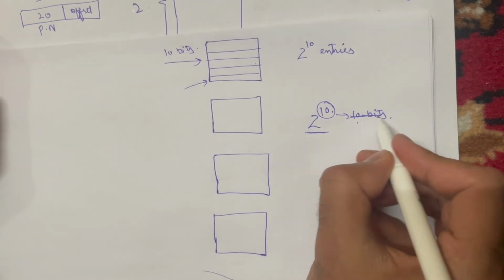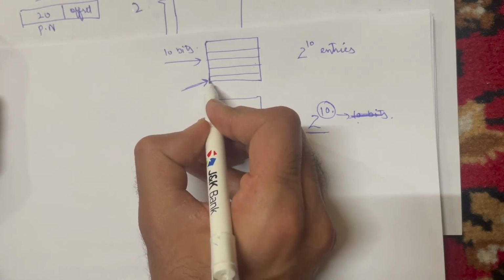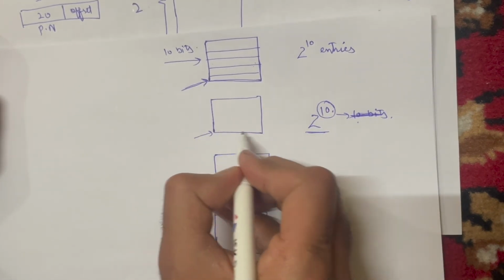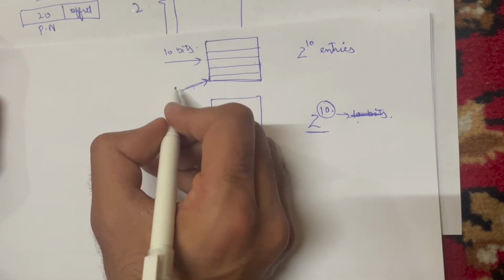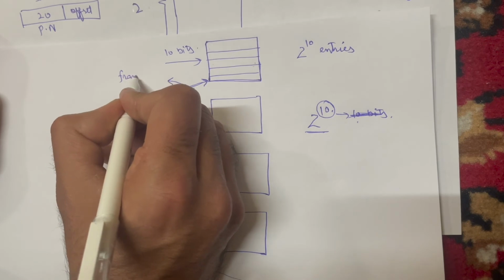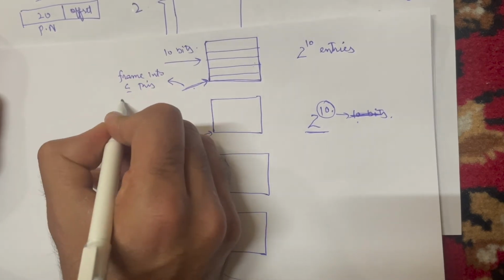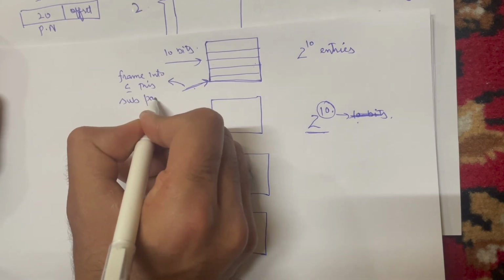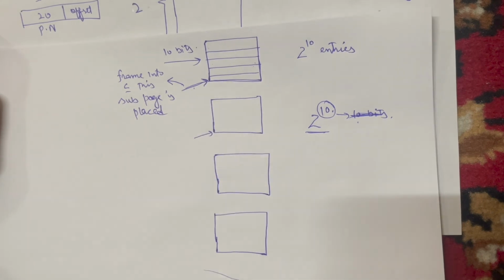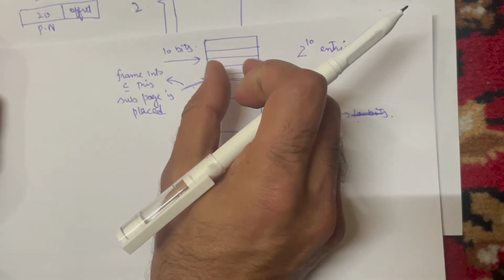So let's leave this one. This will be the base address of this subpage. Base address means the address, or we can say the frame, into which this subpage is placed, because every subpage is placed into the main memory, in one frame.